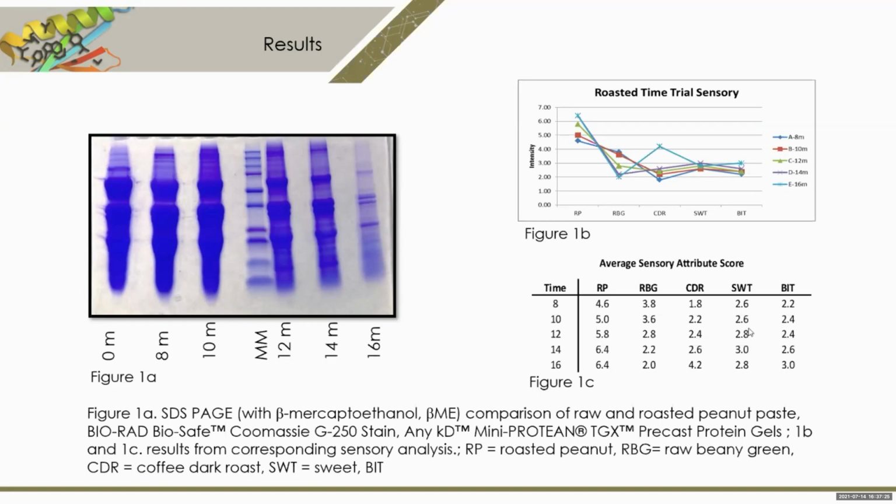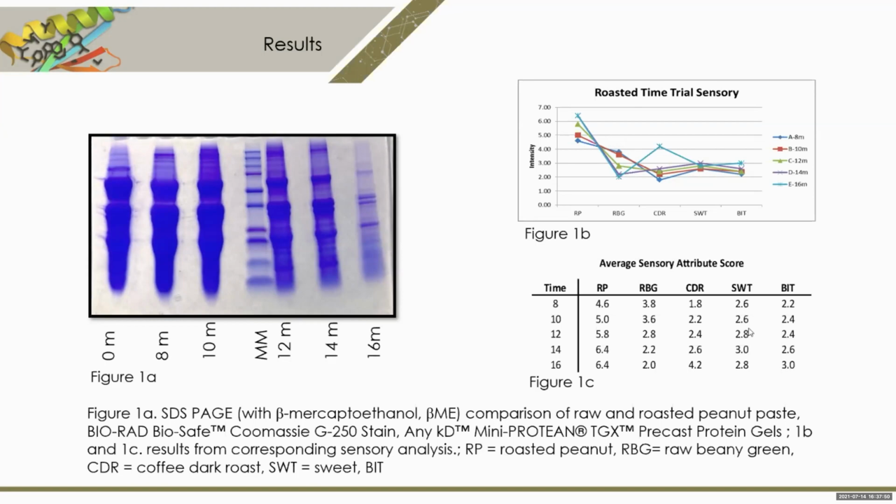On the right-hand side are the panelists' average scores for roasted peanutty, raw beanie green, dark roast, sweet, and bitter flavor attributes. As expected, as roasting time increases, the roasted peanutty trait steadily increases to a maximum value. Raw beanie green decreases, coffee dark roast increases.